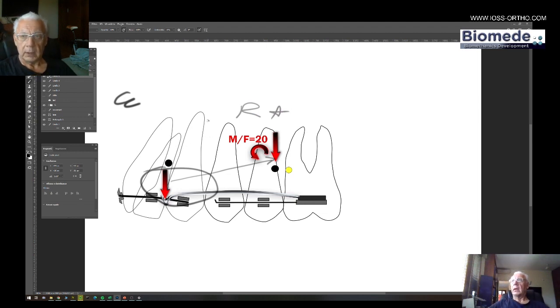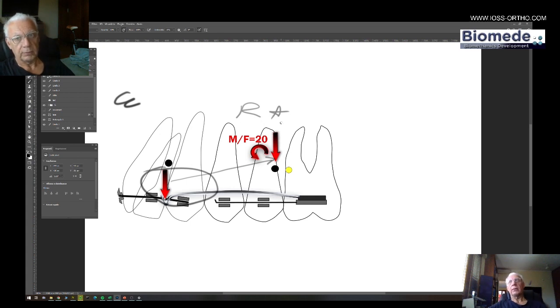Now, if we have this force system, because here we have the activation, and it could be 20 grams or 40 grams if we consider the two cantilevers activated in the same way. But it doesn't matter how much is the real amount of force.